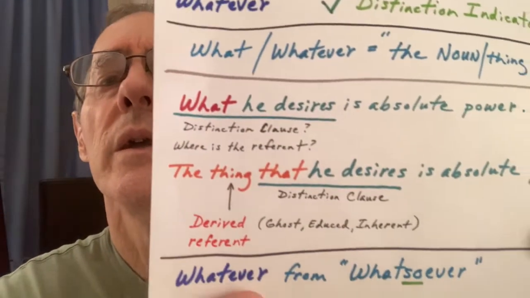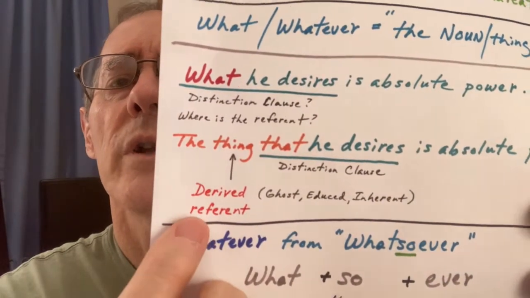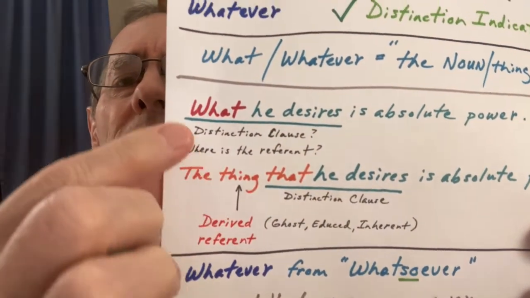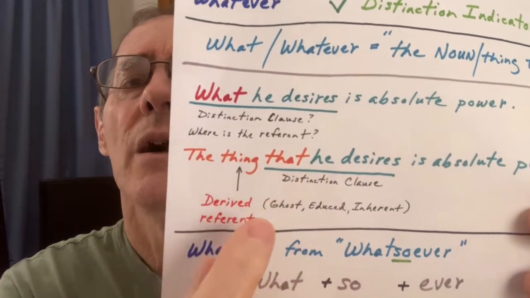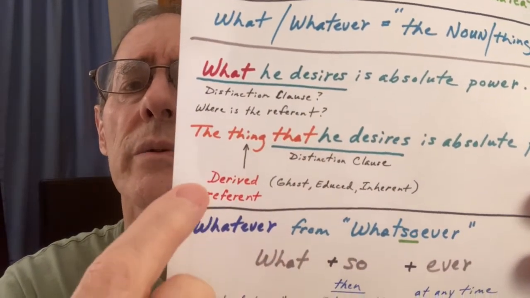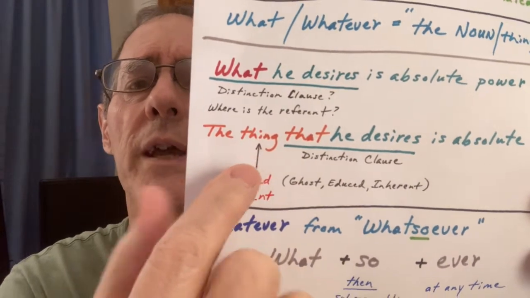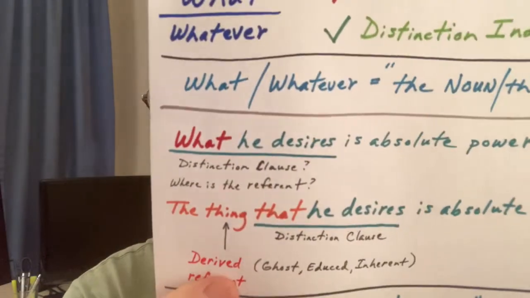And also you have what I've been teaching is your derived referent. When we mapped it out, the thing that, we found our derived referent, the word thing. The distinction clause then refers back to the referent, the word thing in this case.